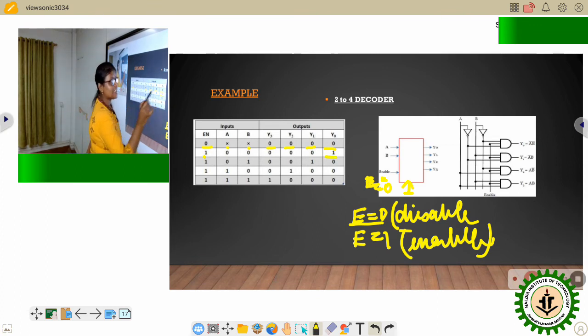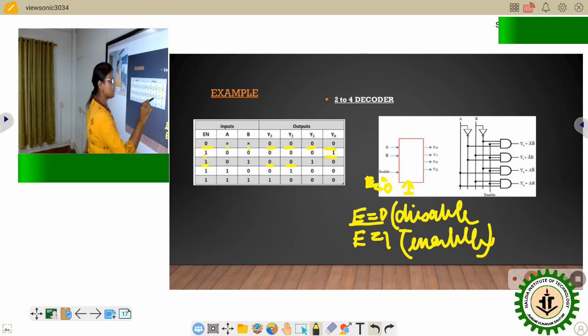One output can work only one at a time, not all outputs at the same time. So when the enable is 1 and we are giving the inputs as 0 and 1, we are getting Y3 as 0, Y2 as 0, Y1 as 1, and Y0 as 0.